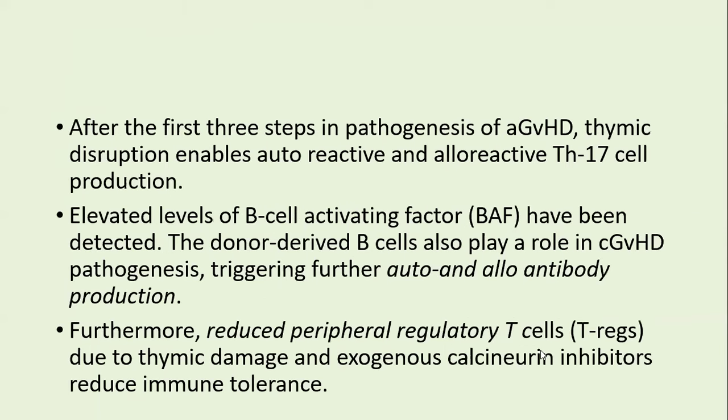After the first three steps in pathogenesis of acute GVHD, there is thymic disruption as well, enabling autoreactive and alloreactive Th17 cell production.